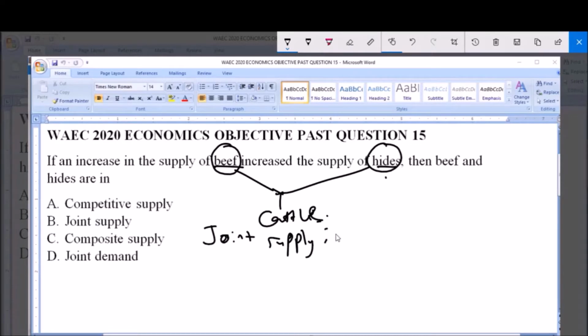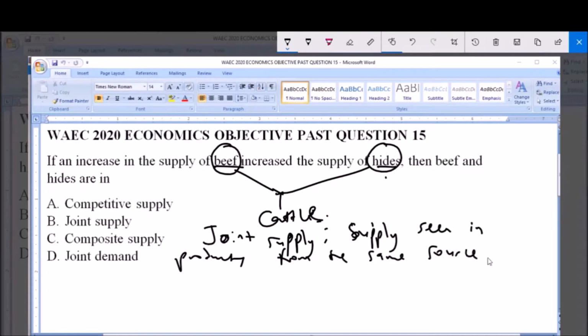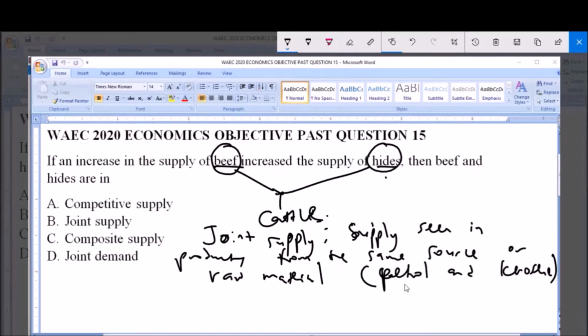In joint supply, it's a type of supply seen in products from the same source or raw material. Another example is seen in petrol and kerosene, gotten from the same source, that is crude oil. So both beef and hides are gotten from cattle, the same source.